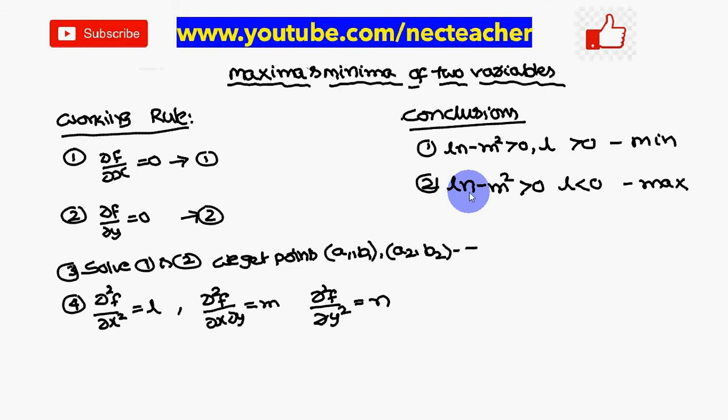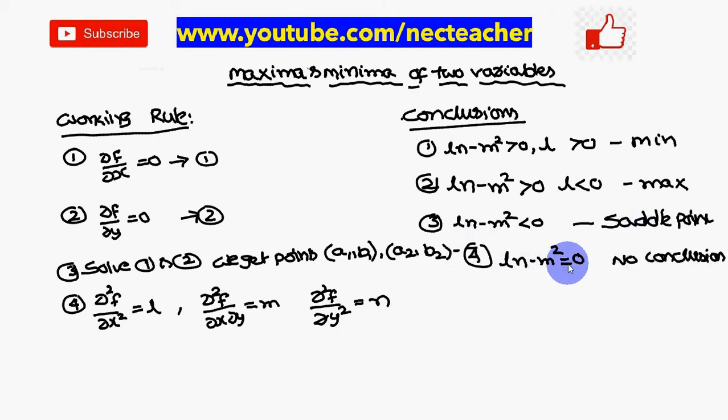If LN minus M square is greater than 0 and L is less than 0, it is a maximum value. If LN minus M square is less than 0, it is a saddle point. A saddle point is a point that is neither maximum nor minimum. Last, if LN minus M square equals 0, there is no conclusion. These are the 4 points.